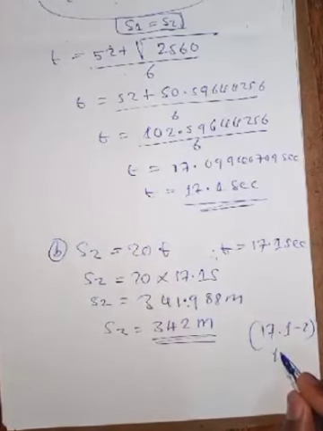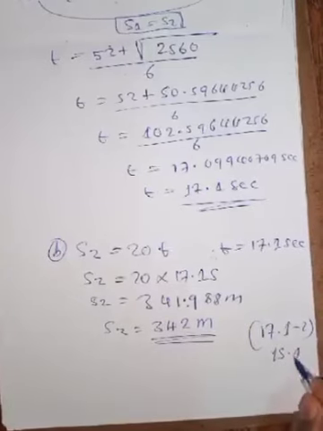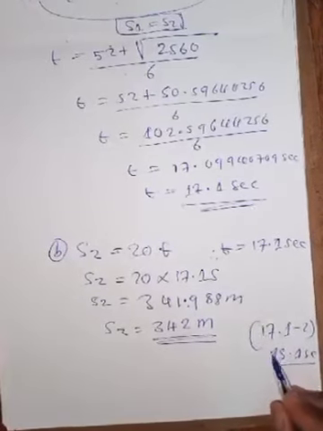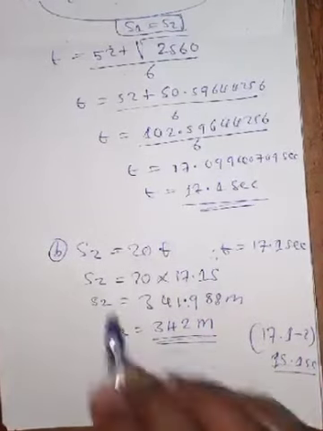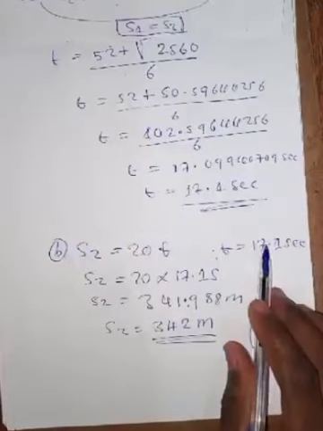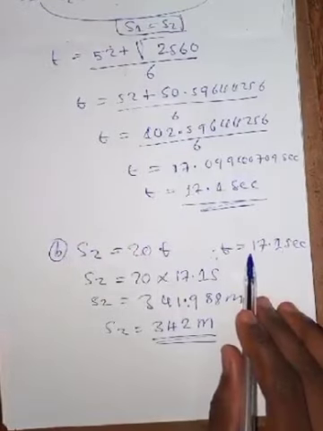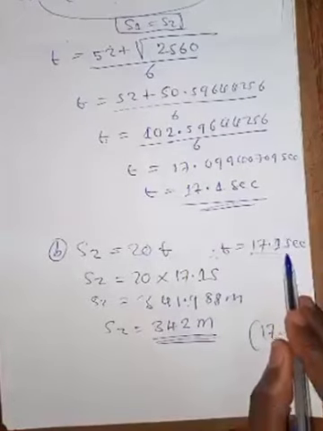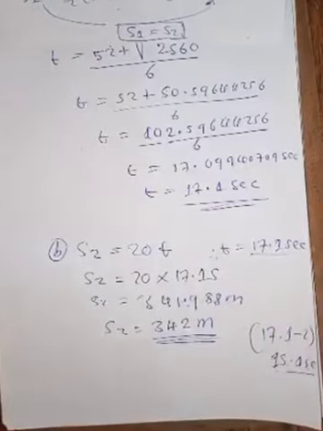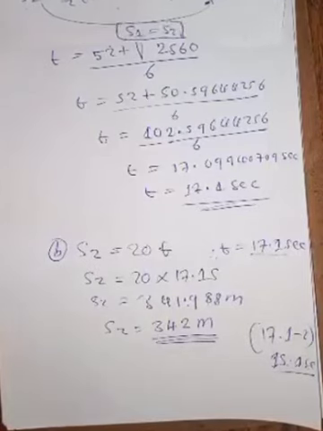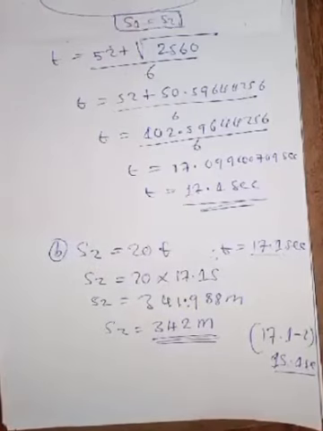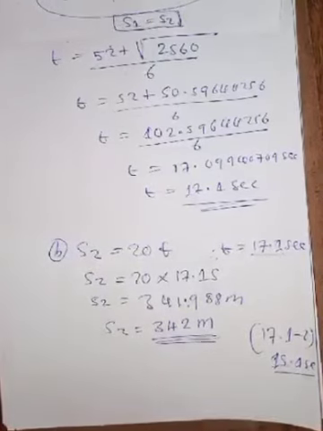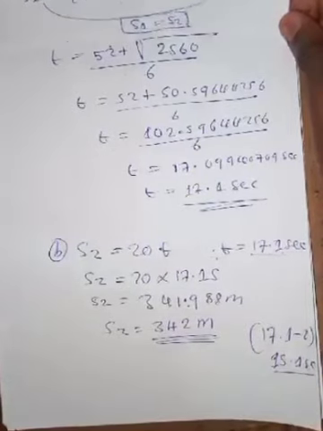You need to be very clear with that one, meaning this one was 15.1 seconds. So the policewoman took 15.1 seconds to catch the car, but the car had already moved the same distance within 17.1 seconds, because it was already moving before the policewoman could start chasing the car.